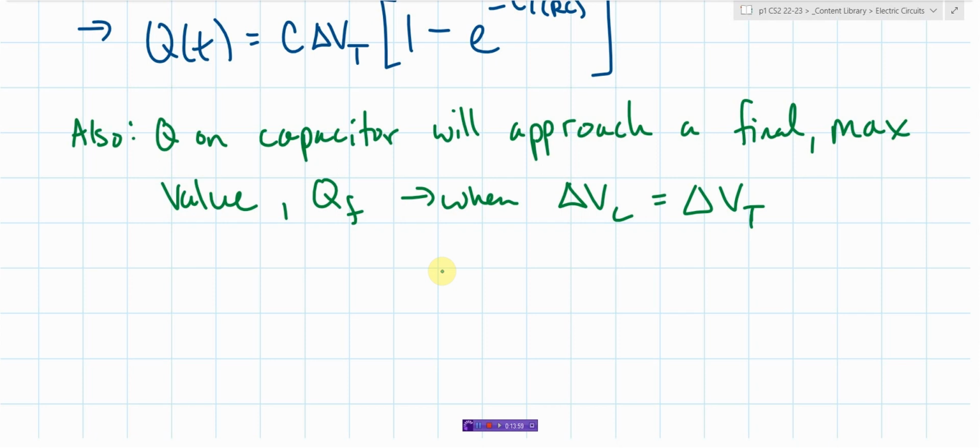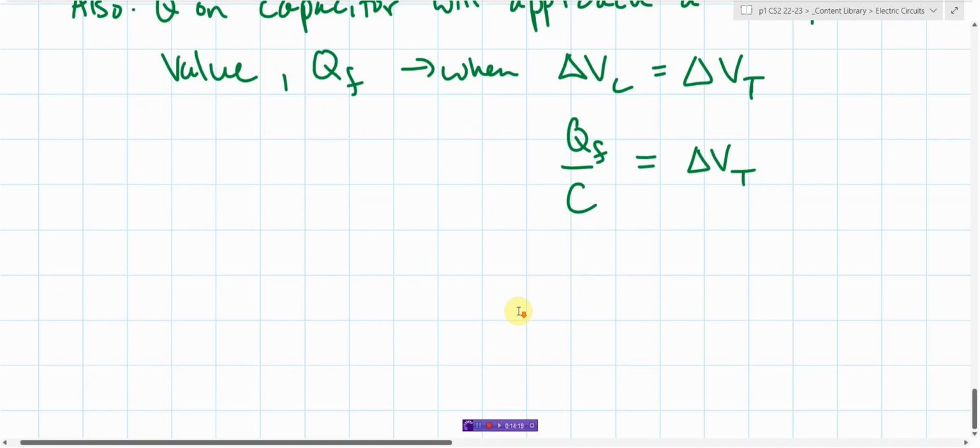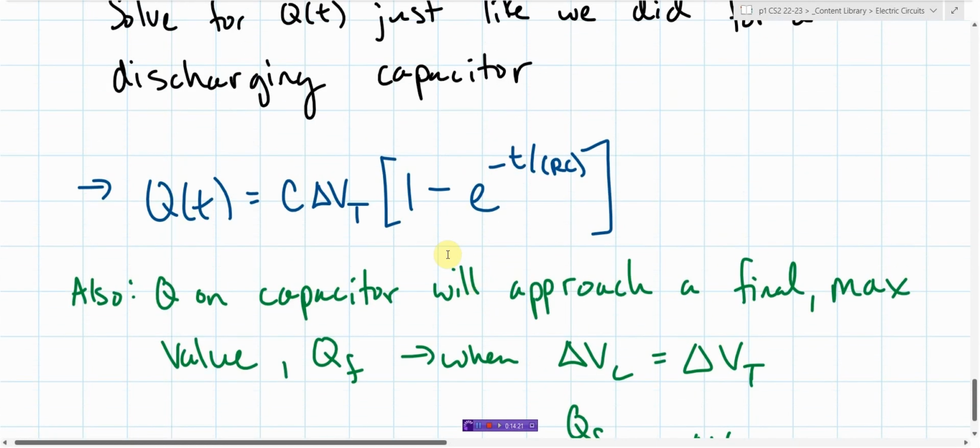That's all it is. So since delta VC equals Q over capacitance, QF over capacitance equals delta VC, which means QF equals C delta VT, which is exactly what was happening right here. C times delta VT.